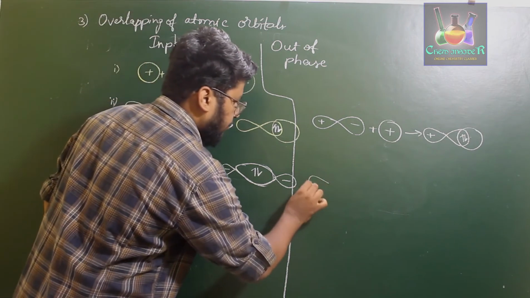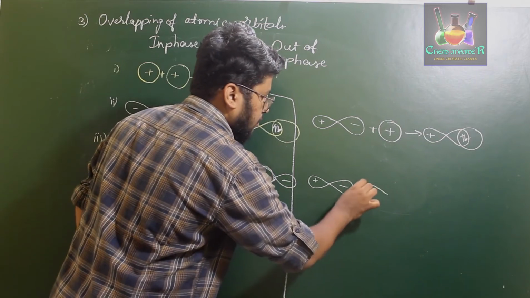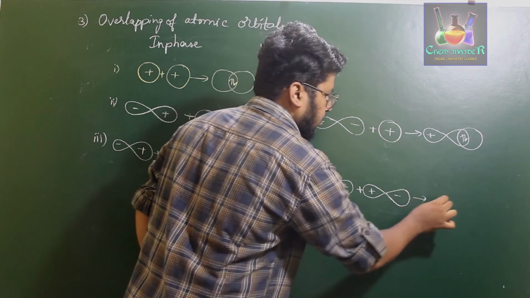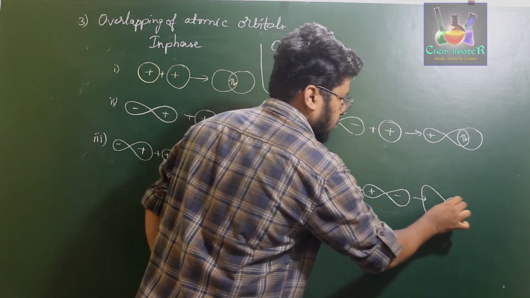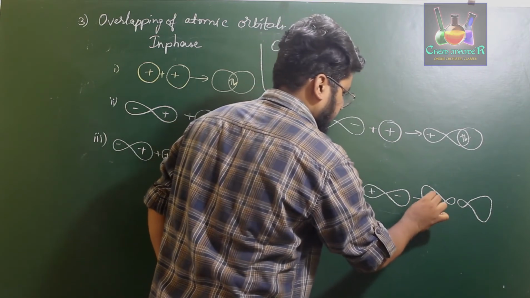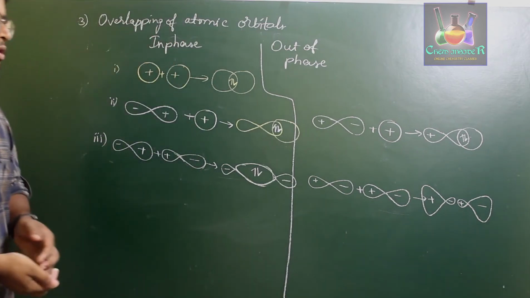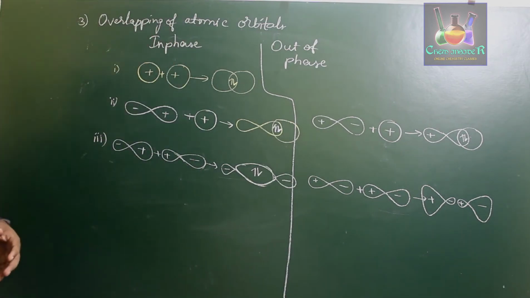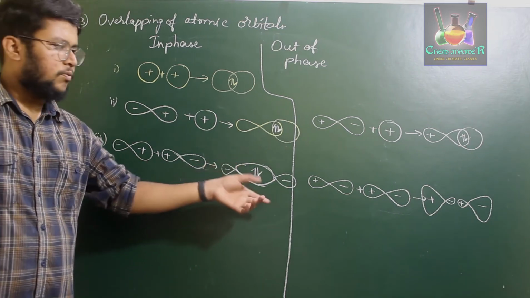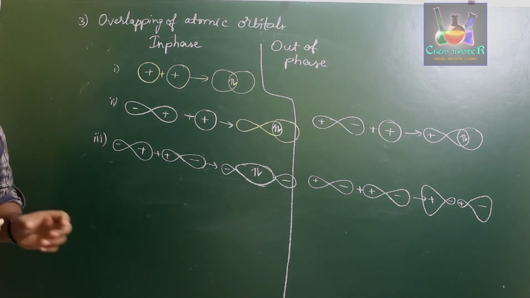In case of out-of-phase overlapping, positive, negative, positive, negative, they yield an out-of-phase overlapping like this. So whenever you come across overlapping in case of in-phase, they combine with one another to form a bigger orbital, whereas in the out-of-phase overlapping, they get split up to form a smaller orbital.